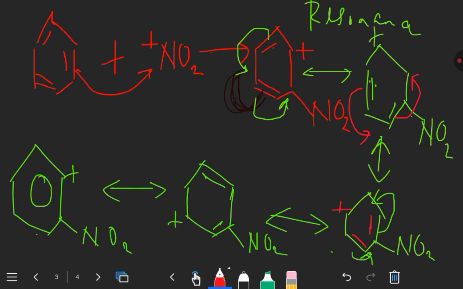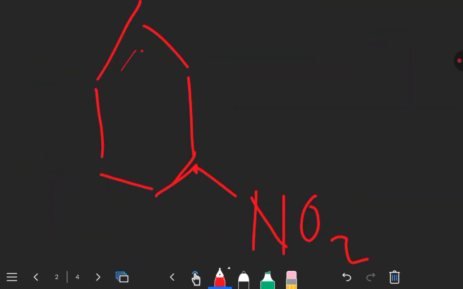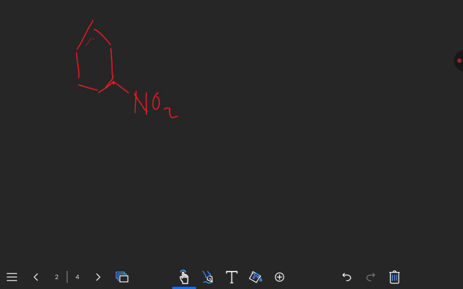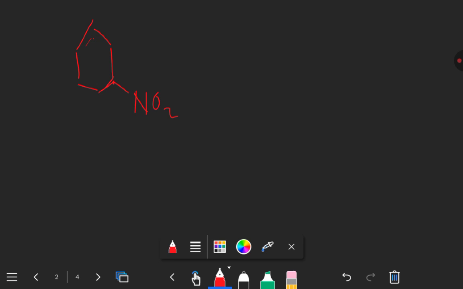So we have the double bond there. Okay, so we have the double bond here. Okay, so we have a double bond there, and also we have here a carbocation there.